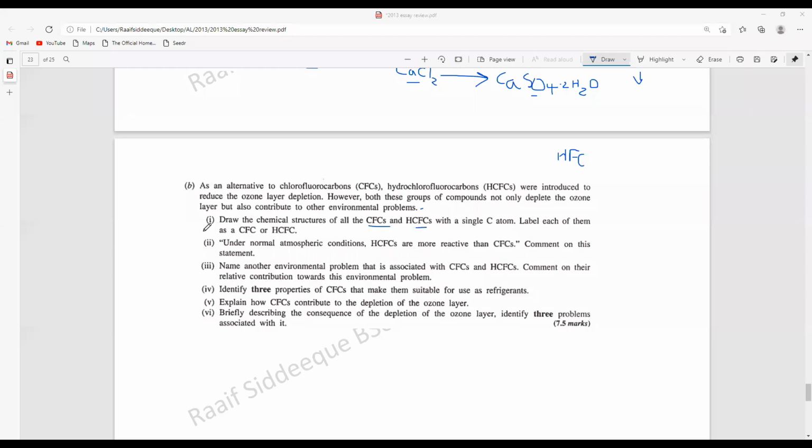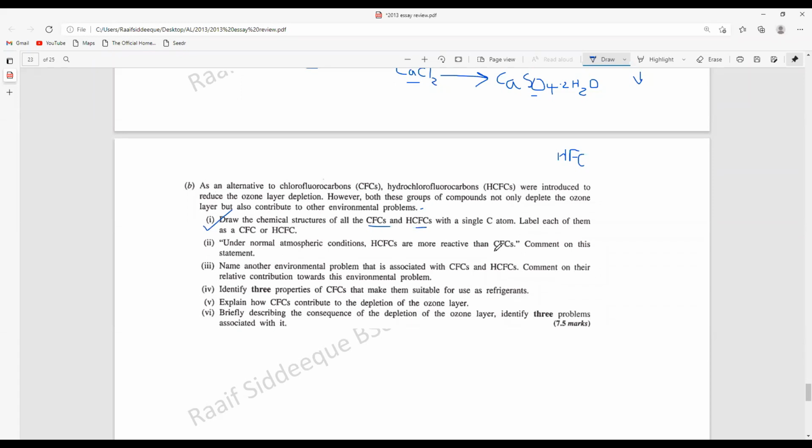This is one of the ideas that you should know, and I explained this to you before. Under normal atmospheric conditions, HCFCs are more reactive than CFCs. Comment on this. The primary idea is the lifetime, a qualitative idea. That is one of the ideas you can give. The other idea is to think about the structures of the compounds.